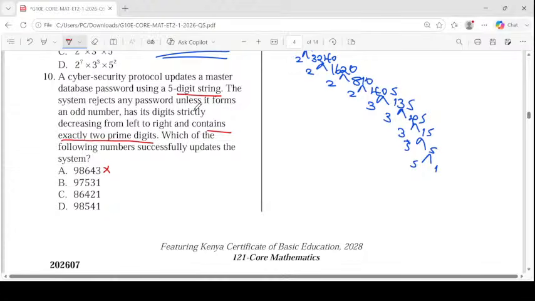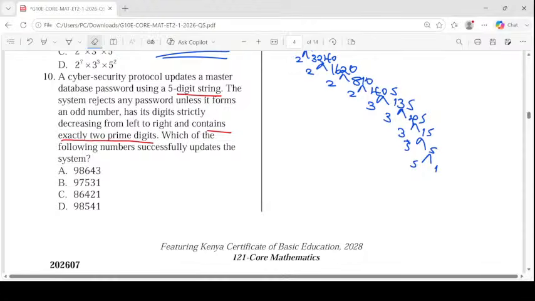Prime, single prime digit are this. Now when we analyze, let us look at still option A. It contains exactly 2 prime digits. Let us look at it well.